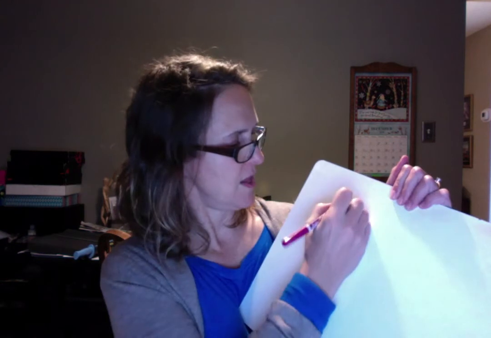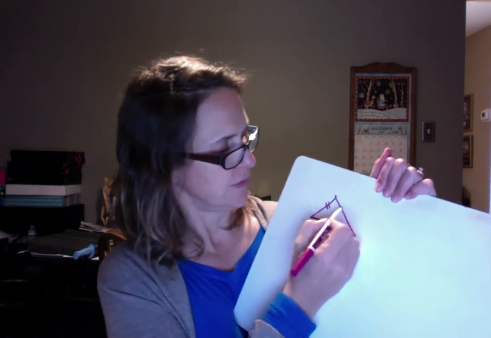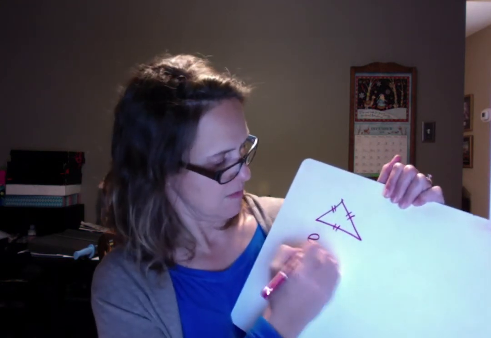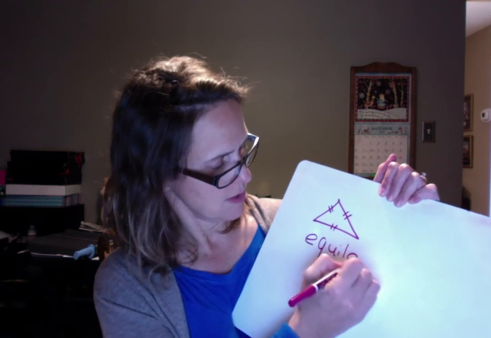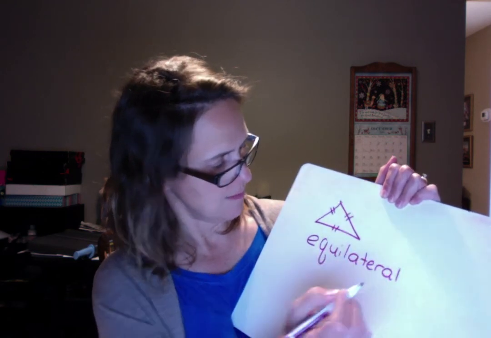so now what I would like you to do, I believe I may have given you a practice sheet, and it has the names of all the different kinds of triangles. And then the back of it is to see if you can figure out which ones they are. So like if it looks like this and has equal sign, equal sign, equal sign, that would be an equilateral triangle because all 3 are the same length.